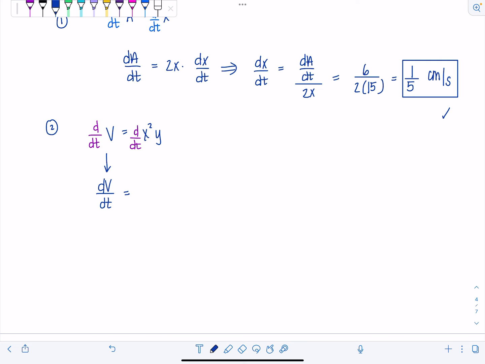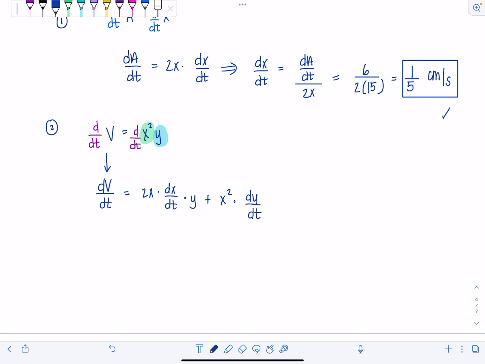You could think of this as f, and this as g. So the derivative of x squared with respect to time would be 2x dx/dt times y, leave y alone, plus, now leave x squared alone, derivative of y would be 1 times dy/dt.